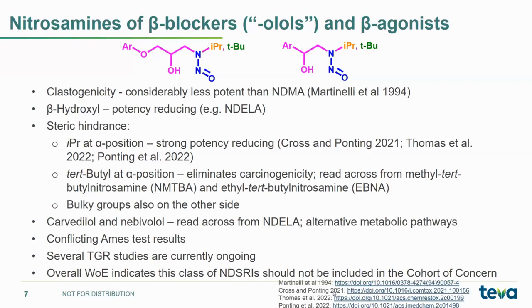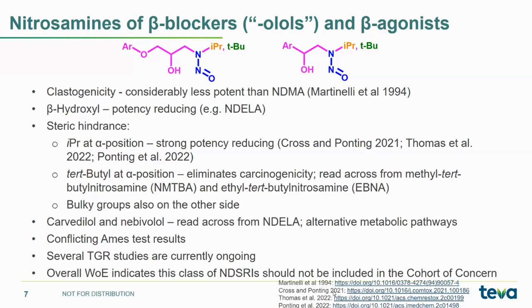Also, by doing an analysis of the metabolic pathways of these particular beta blockers, there are probably other alternative pathways rather than alpha hydroxylation. The Ames test data of this whole class is somewhat conflicting. Some are positive, some are negative when using modified protocols. So it's difficult to rely on the Ames data for this whole class.